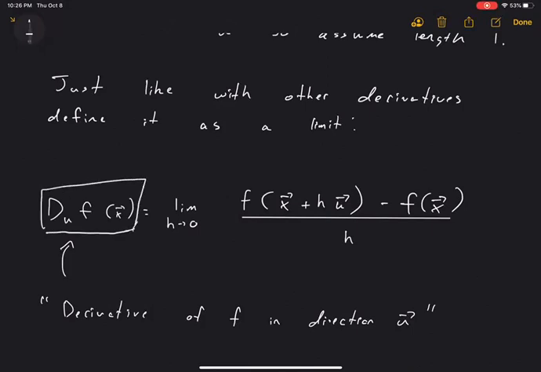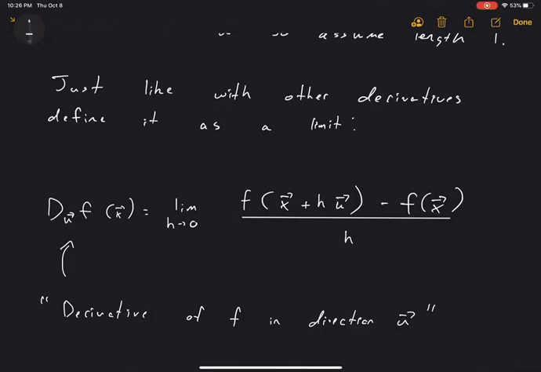So this notation means the directional derivative. We call it a directional derivative because we're talking about a derivative in a specific direction. We call it the directional derivative of f with respect to u, or we can think about it as the derivative of f in the direction of the vector u.